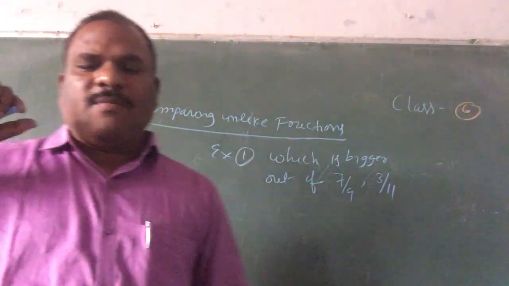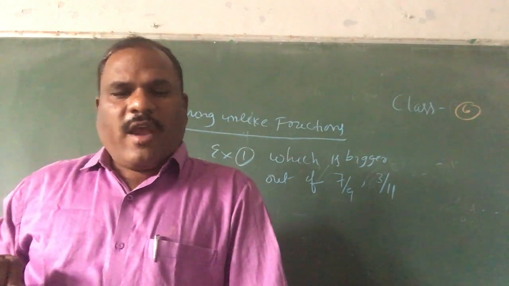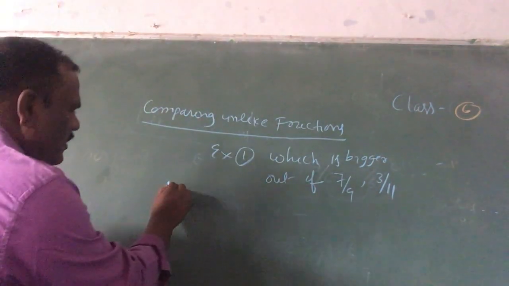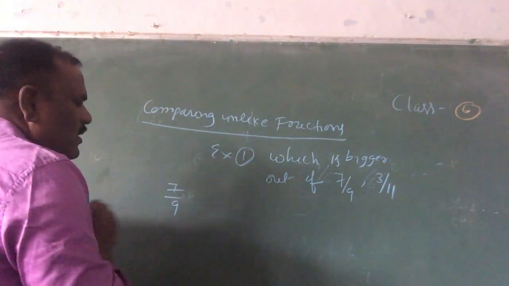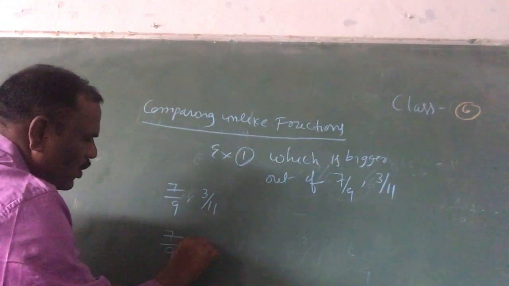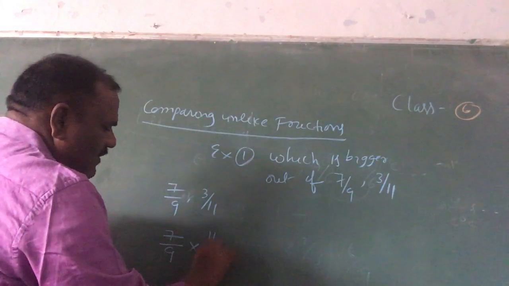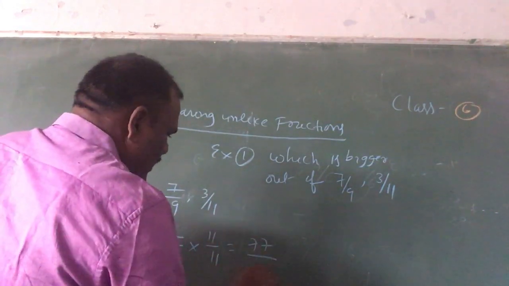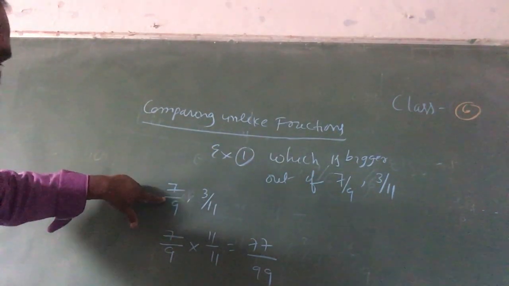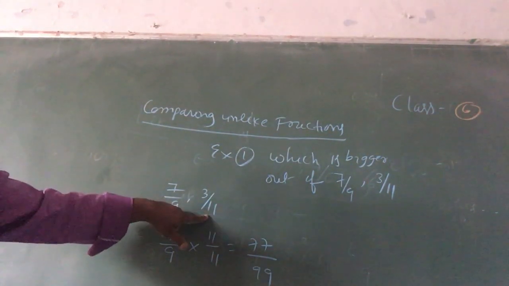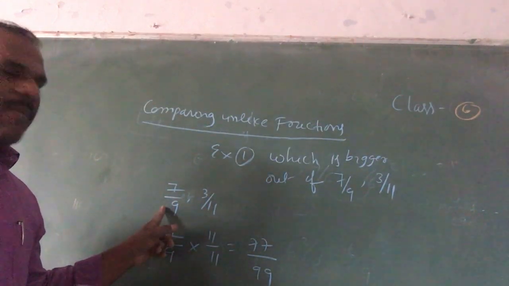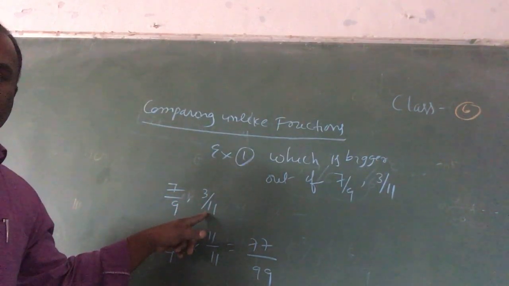So for this, very simple, children. Which is bigger out of this? For example, 7 by 9, 3 by 11. For this, 7 by 9 into 11 by 11 equals 77 by 99. So here the first fraction must be multiplied by the denominator of the second fraction.